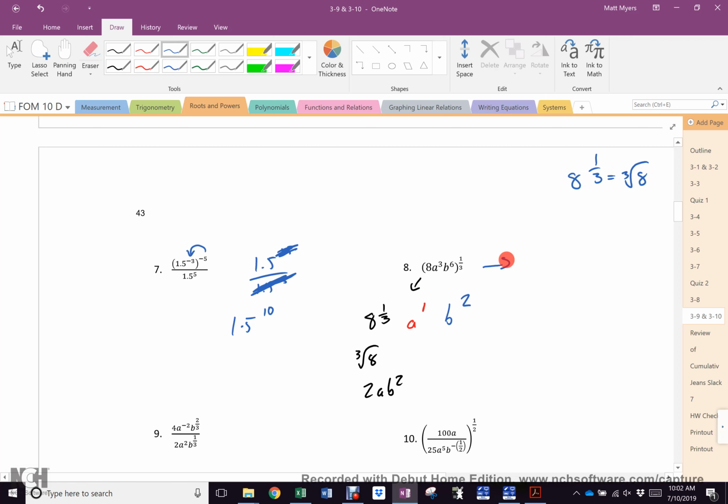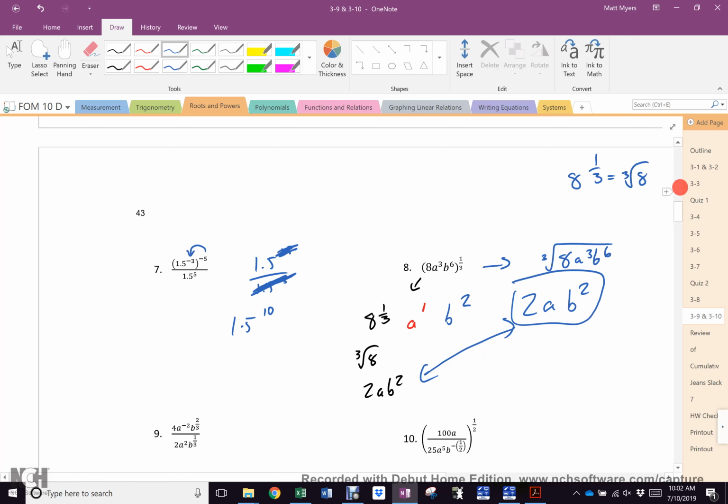So couldn't this also be the cubed root of 8a3b6? Then I just do the cubed root. Cube root of 8 is 2. A3, I can get out a single a. B6, I can get out 2 b's, and I left nothing under there. And I get the same answer. Yeah?